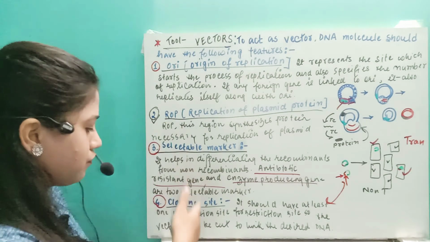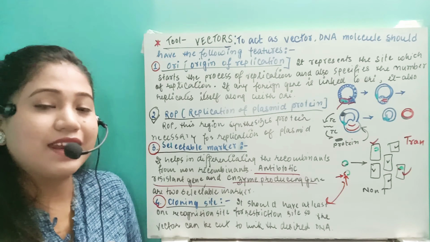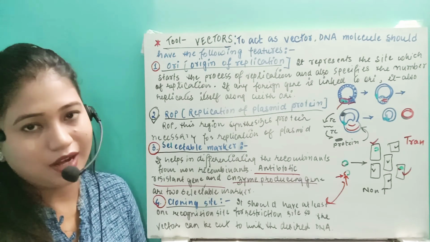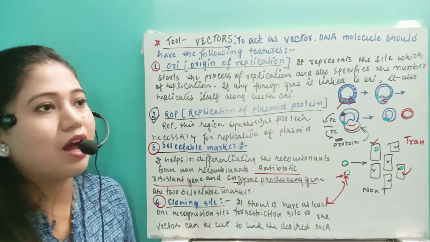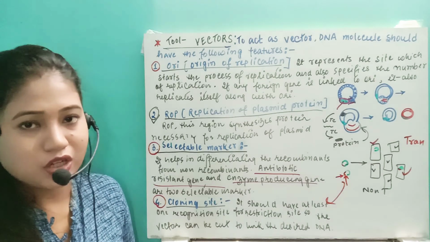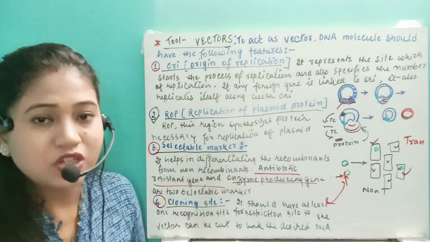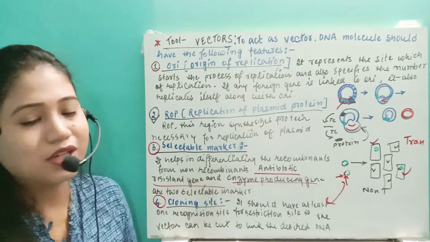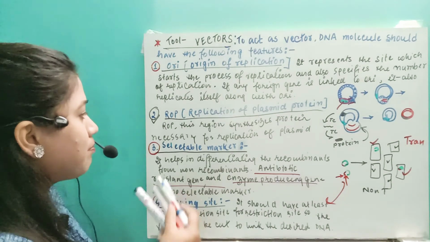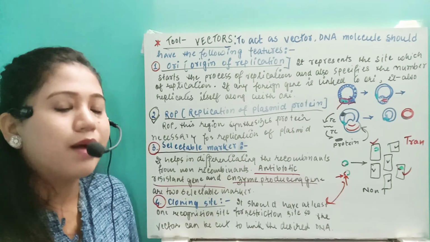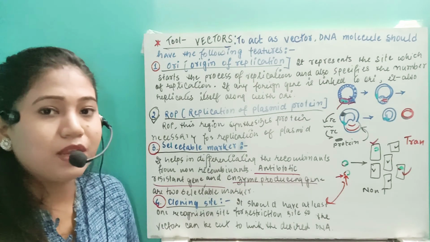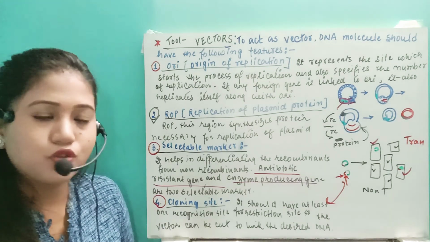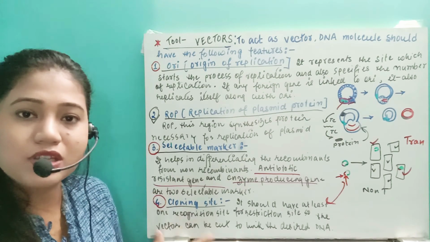Actually all of these four features must be in the vector, then only is it possible that a proper biotechnological procedure can be completed. They must have ORI because they have the capacity to replicate. They must have ROP so that they can replicate, and for replication they require proteins. Those proteins have to be formed by the vector itself.